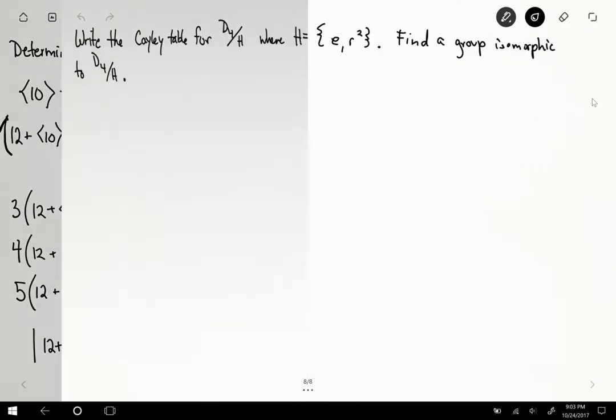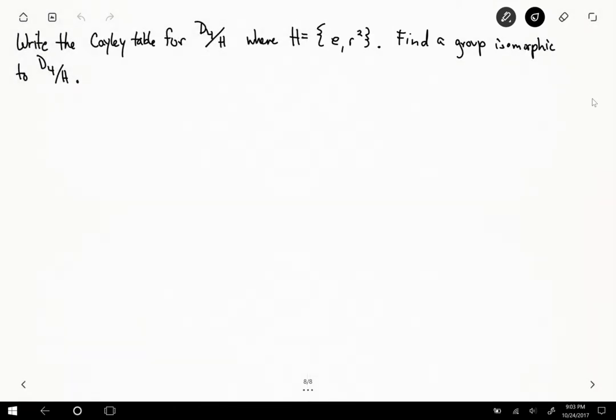So last but certainly not least, I want us to see how to work a normal subgroup and create kind of a Cayley table idea. So first off, find a group isomorphic to D4 mod H, where H is E and R squared. What does that thing look like?